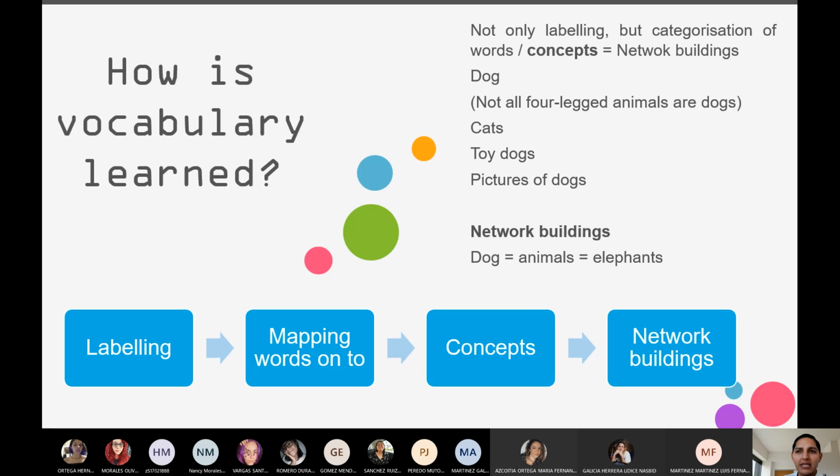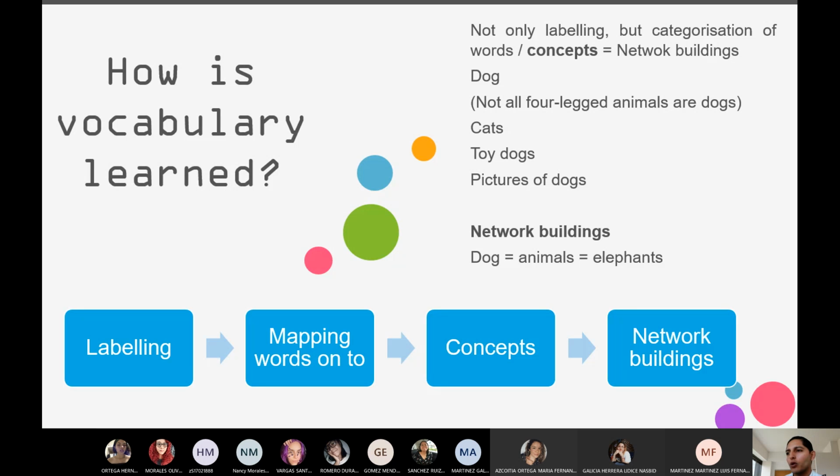So he starts categorizing, discriminating, comparing, evaluating, valuing, for the separation of meaning, the separation of concepts, and creating network buildings, such as a brainstorm, and then he starts separating cats or toys, or pictures of dogs.